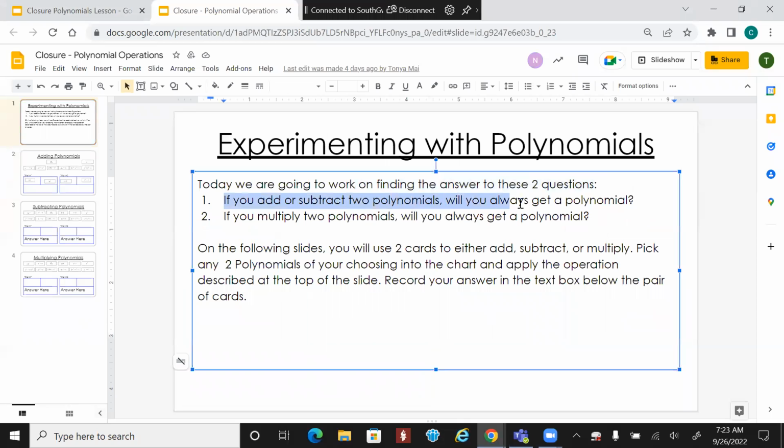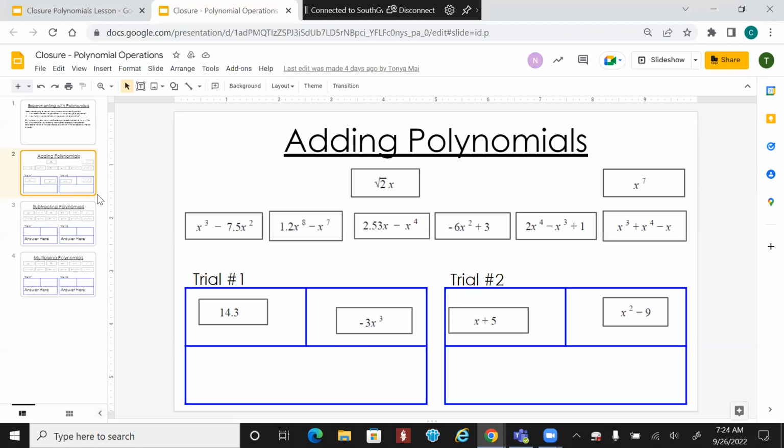If you add and subtract two polynomials, will you get a polynomial? And if you multiply two polynomials, will you get a polynomial? We're trying to answer that question. So again, you're taking these two things, adding and subtracting or multiplying. And then you're going to do the same with this. Take a moment, try both of those.